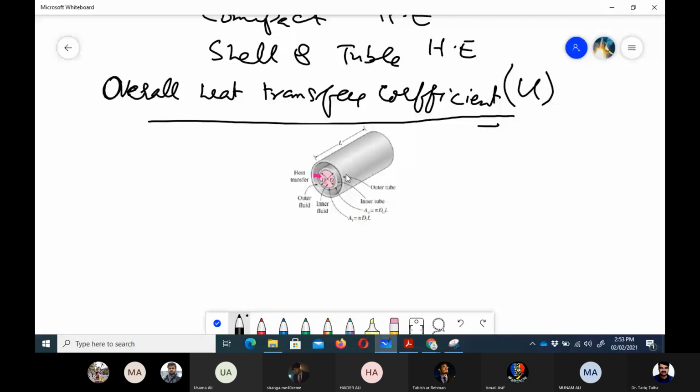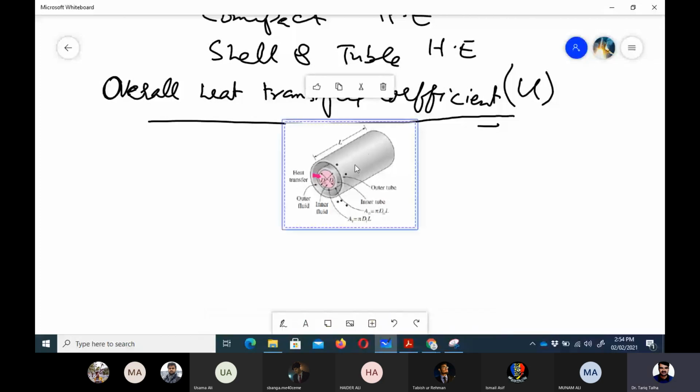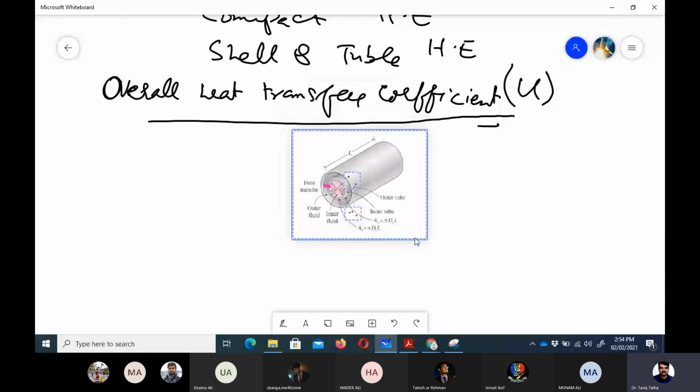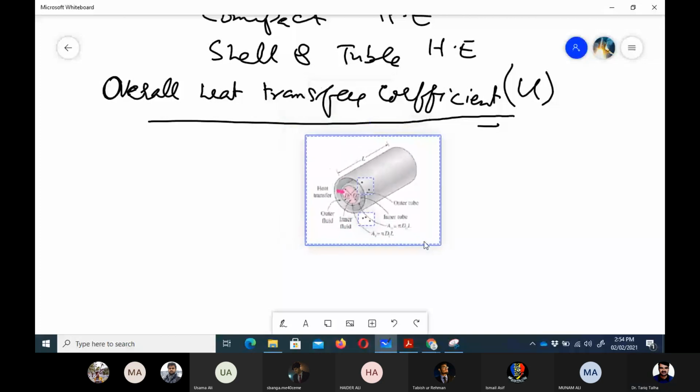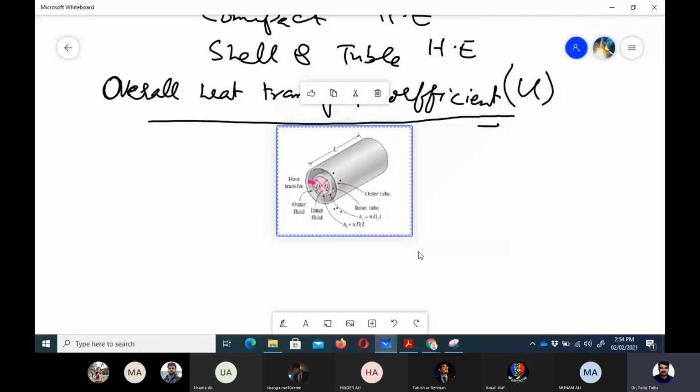Okay, so at the moment we are considering this double pipe heat exchanger.